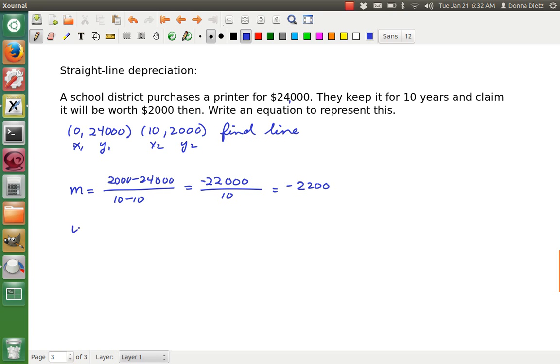Then you have y equals mx plus b. And I may as well use the first point because it just looks nicer. This is the y-intercept already, but let's say you didn't figure that out. Then you put in 24,000 is equal to slope times 0, which is 0, plus b. So you already know that's the y-intercept. If you didn't, now you do.